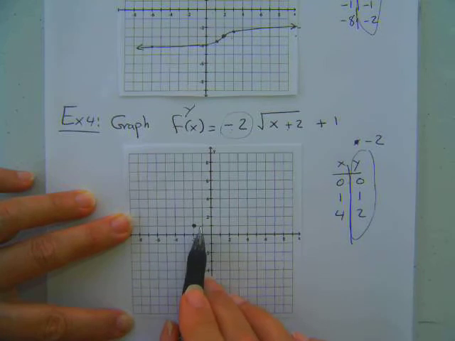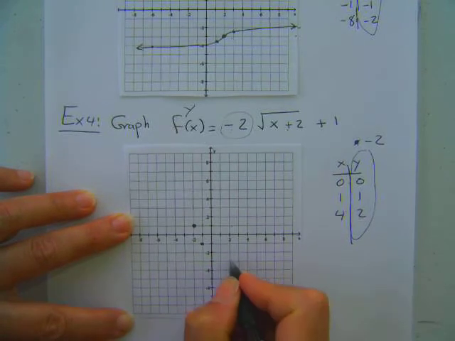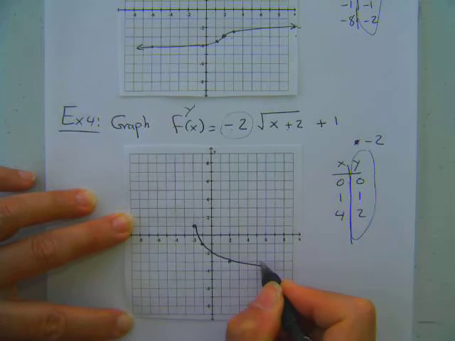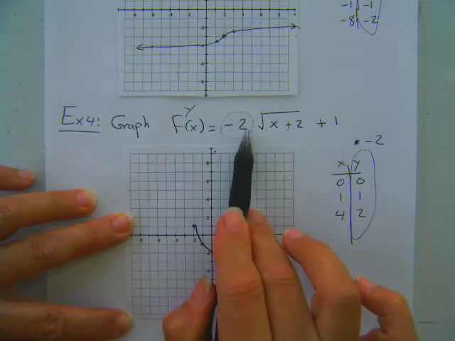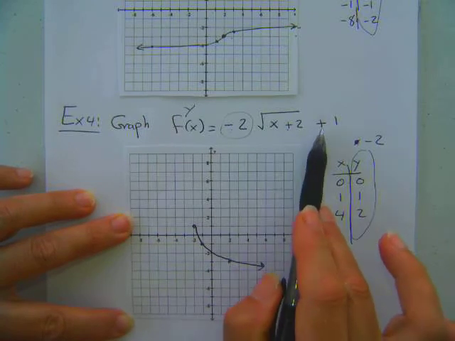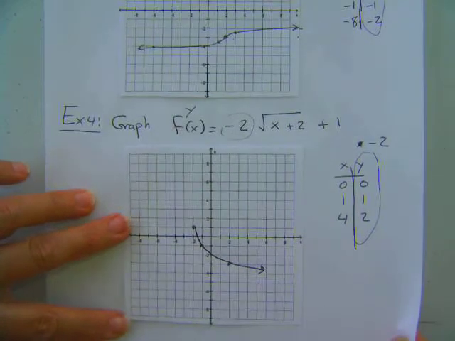So let's go 1, 2, 3, 4 for x and negative 4. 1, 2, 3, 4 for y. And it is this square root that is stretched, reflected, went to the left by 2, went up by 1. But when you do them all together like this, it's very nice and very compact and easy.